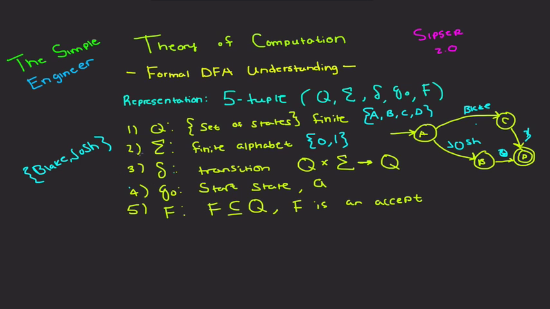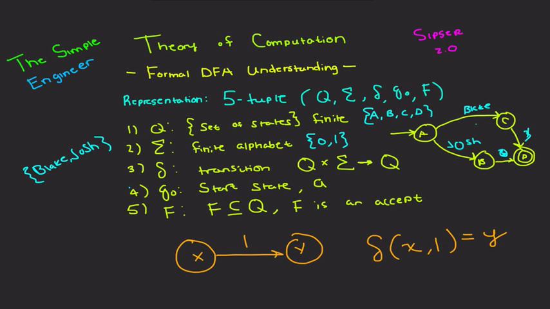A pretty basic example that you'll see in some mathematical notation is if we're at some node X and we get to some node Y on a 1, we denote this mathematically by the delta transition from X on 1, which is going to equal Y. So this is the state that you're in, this is the input character, and this is the output state that you'll get to on that input.